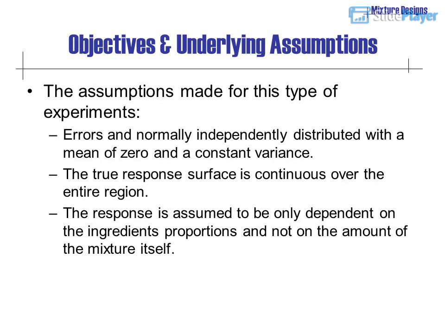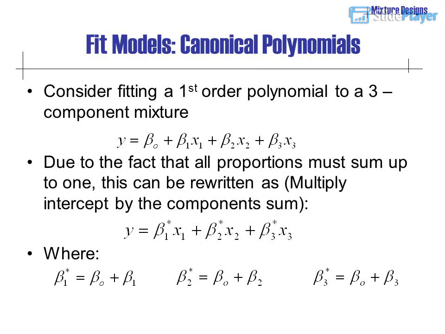The assumptions made for this type of experiment: errors are normally and independently distributed with a mean of 0 and a constant variance. The true response surface is continuous over the entire region. The response is assumed to depend only on the ingredients' proportions and not on the amount of the mixture itself.